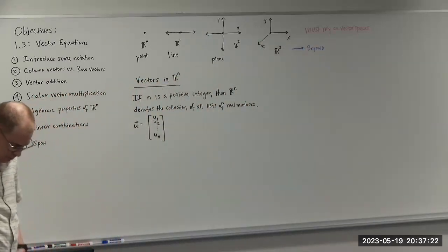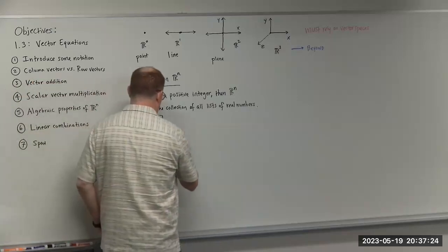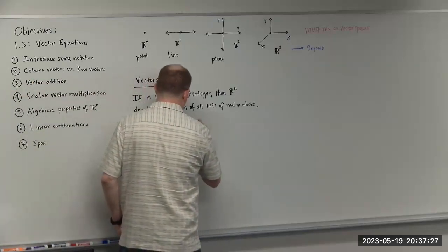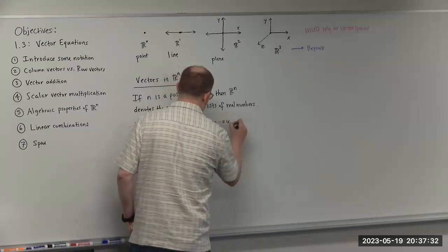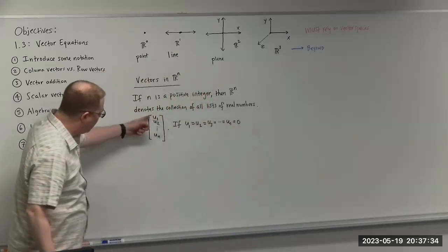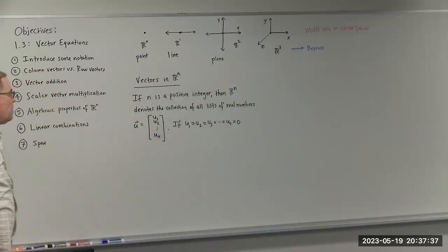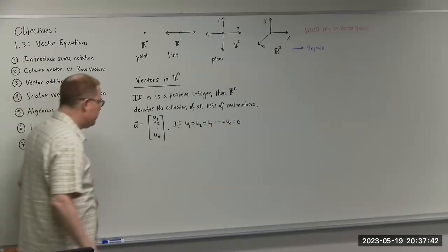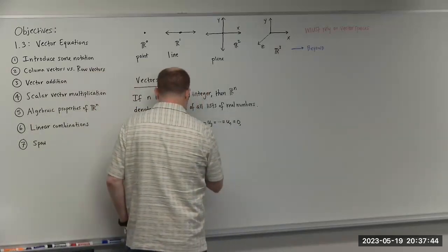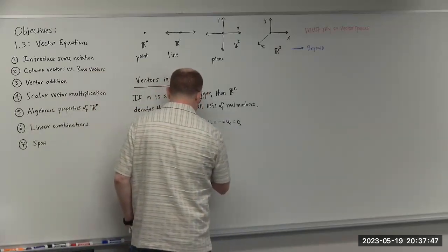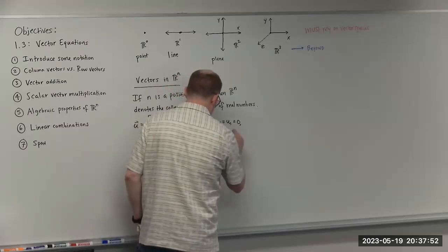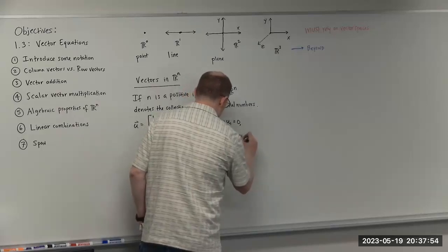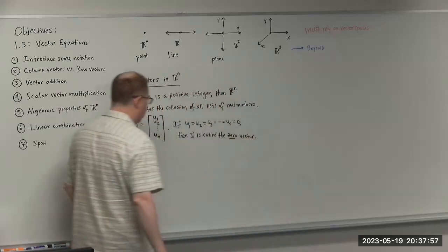In addition, if u1 is equal to u2, and so on, if all these components are equal to 0, then we have what's called the zero vector.